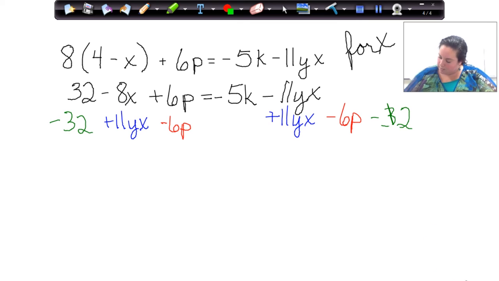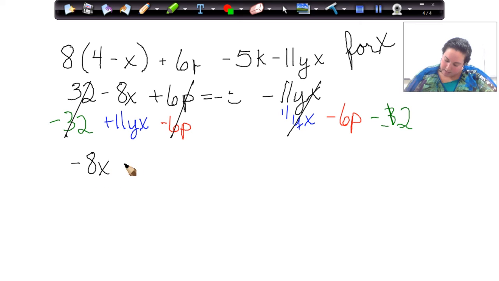Okay, great. So it cancels, cancels, cancels. We get negative 8x plus 11yx equals negative 5k minus 6p minus 32.